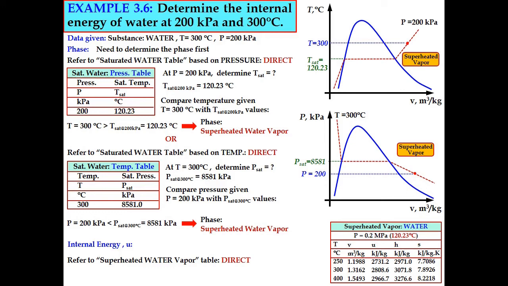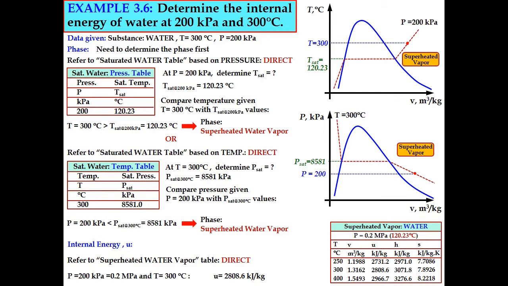Then find the temperature value at 300. From the table, for P equal to 200 kilopascal or 0.2 megapascal, and temperature of 300 degrees Celsius, by referring to the superheated water vapor tables, you obtain that the internal energy U is equal to 2808.6 kilojoule per kg.